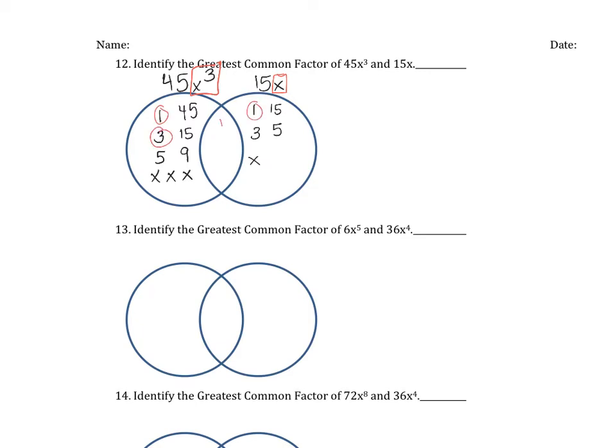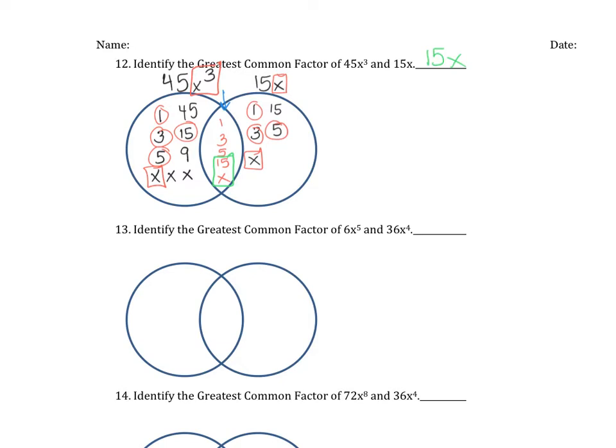So 1, 3, 5, 15, and 1x on each side. Okay? Now, the greatest number in this middle row is 15. And don't forget, we have to keep our x. Okay? So here, my greatest common factor is 15x.